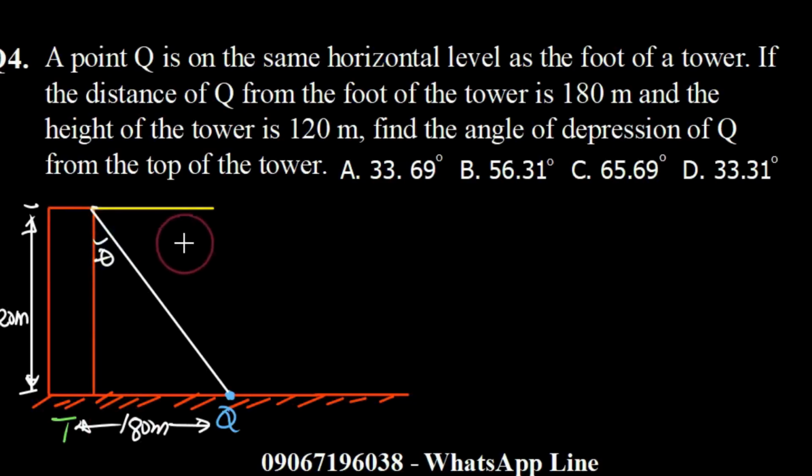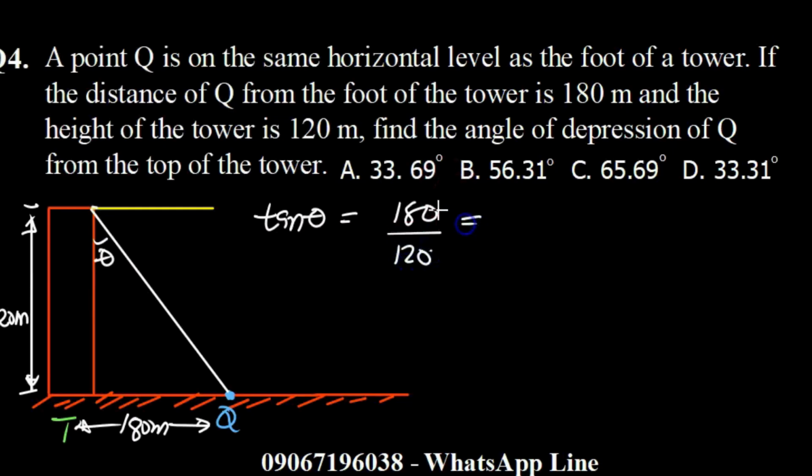Looking at this, we're going to use our trig function. We know the opposite and we know the adjacent. The opposite is the base, TQ, and the adjacent is the height of the tower. So tan theta is equal to the opposite, 180 meters, all over 120 meters.